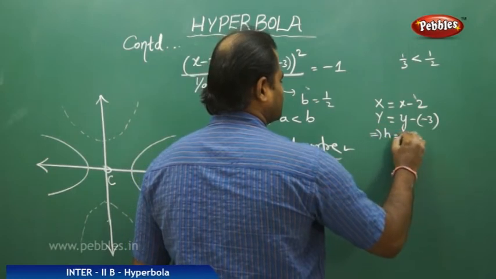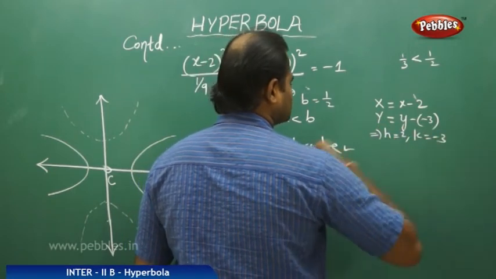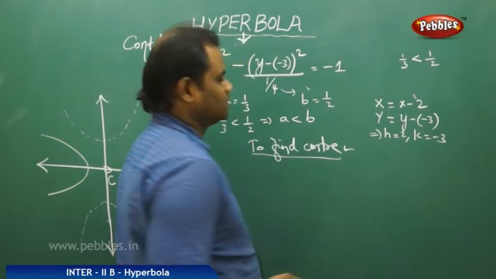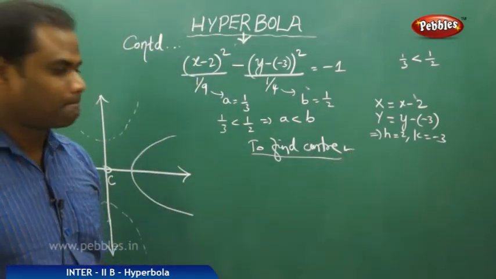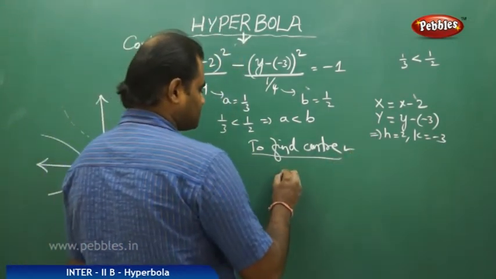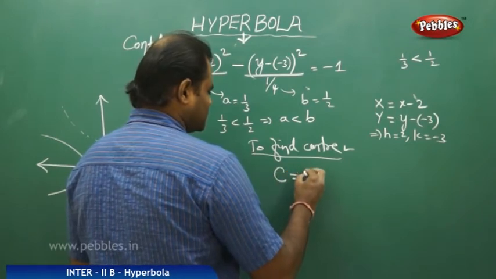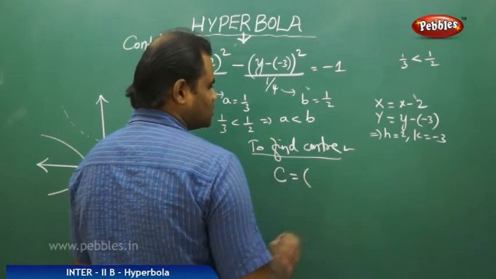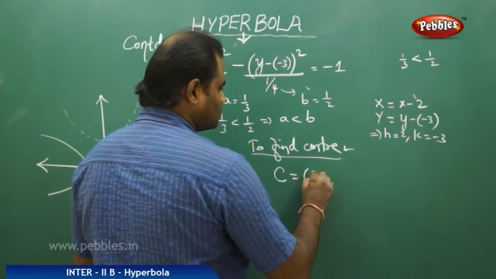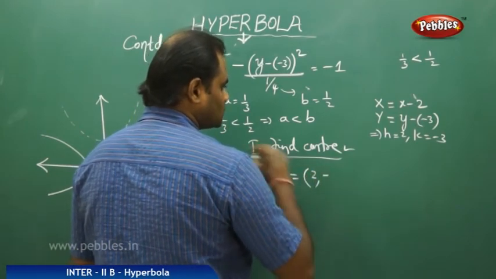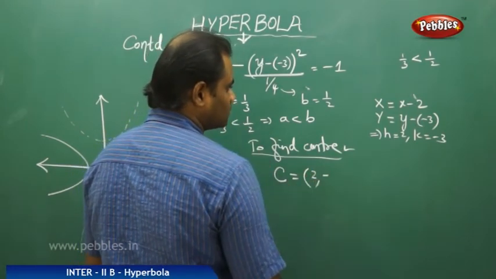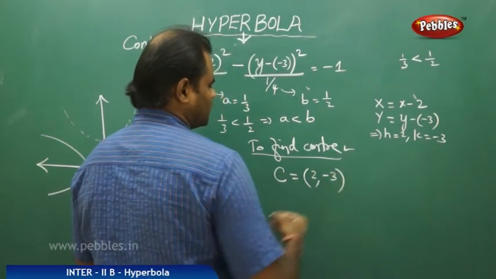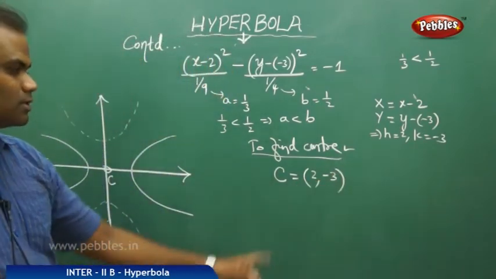That implies h is 2 and k is minus 3 is what we get. So using the values of h and k to find the center, the center is h, k.